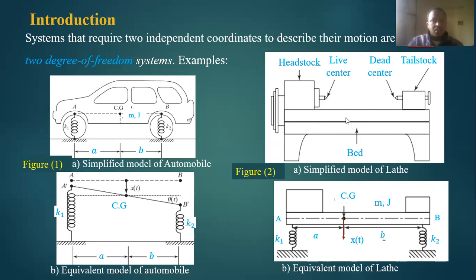representation of the lathe machine. As we know from mechanical engineering, the use of a lathe machine is to produce circular profiles of workpieces, and also some other geometries. So this lathe machine is also modeled for vibration analysis.